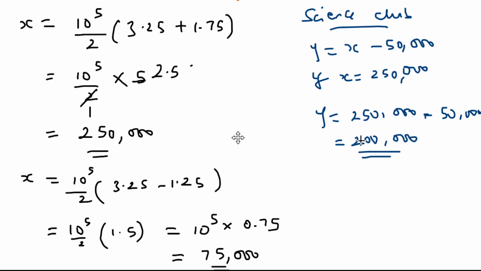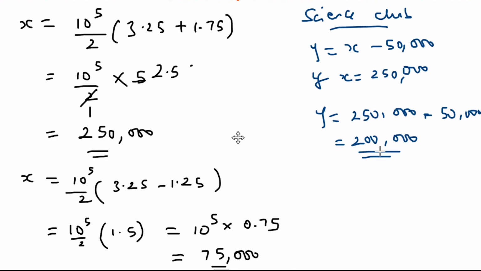Now look, if we have our x as this, and our y is as this, it means the x is beyond the y by just 50.